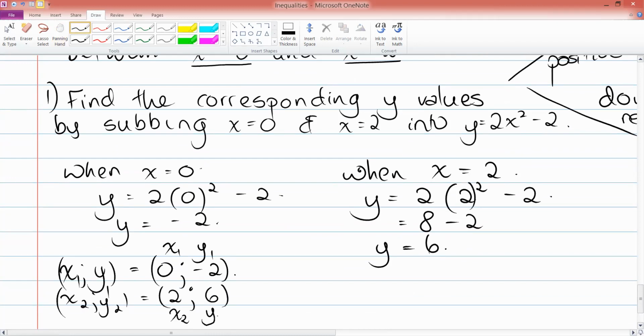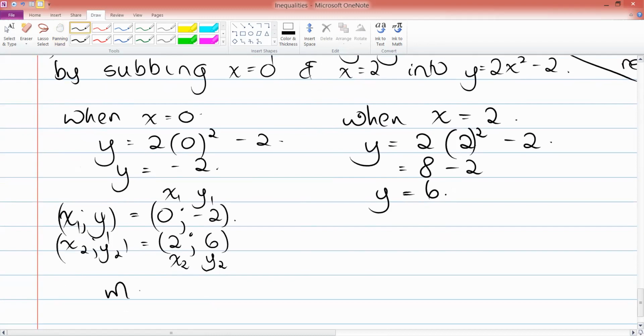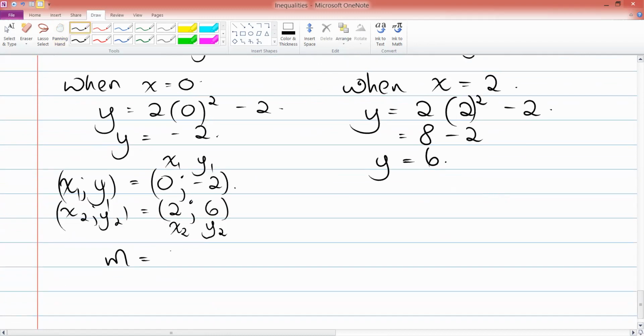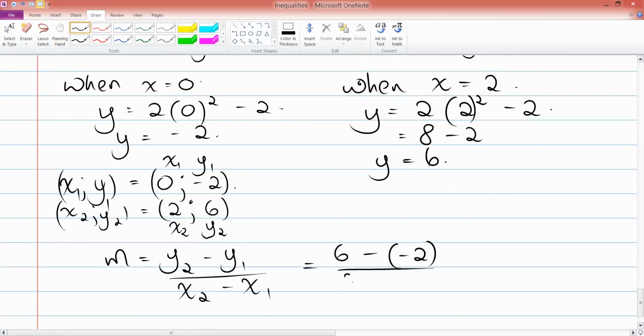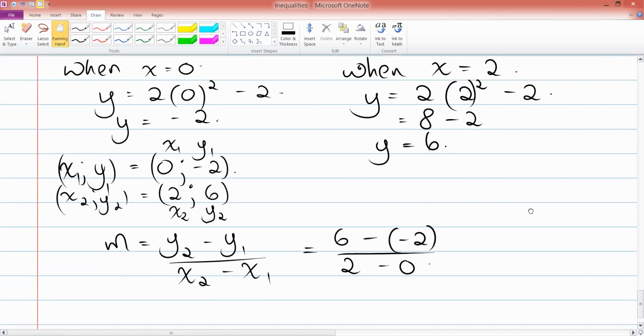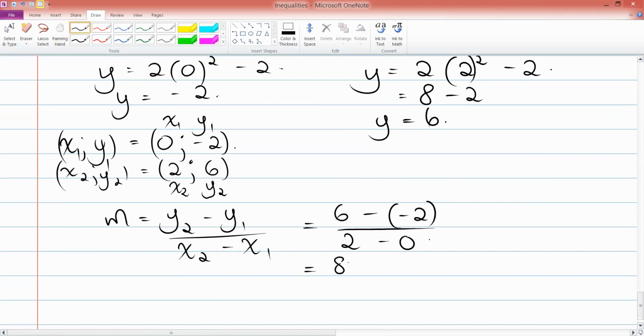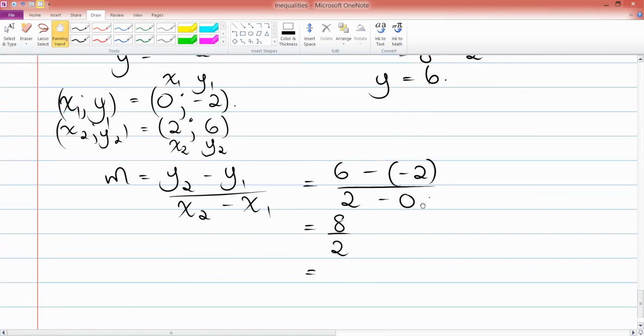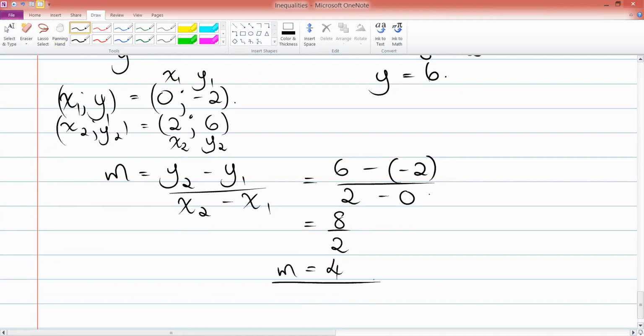So all we have to do now is substitute it into our gradient formula, which is Y2 minus Y1 divided by X2 minus X1. Let's go ahead and sub. Our Y2 value is 6 minus your Y1 value, negative 2, over 2 minus 0. Simplify this: 6 plus 2, that's 8, divided by 2. So your gradient is 4. So that's your answer for average gradient.